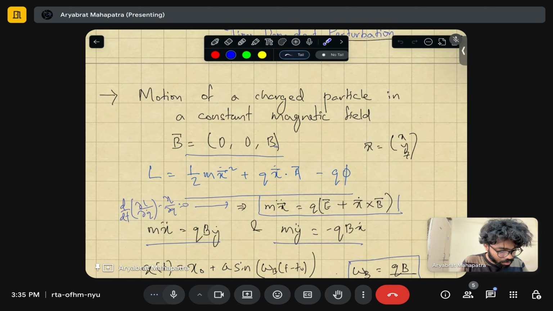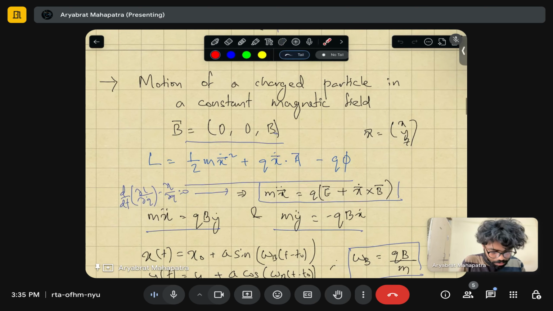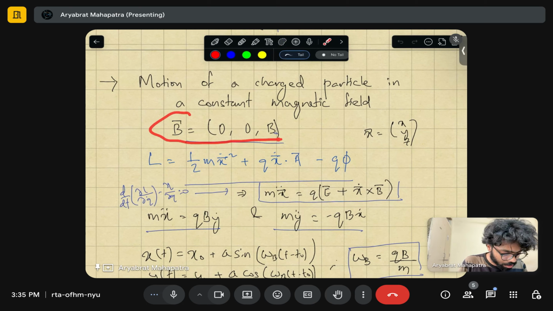So we were considering a constant magnetic field along the z direction. For a general electromagnetic system classically, if someone asks you to write a Lagrangian, it would be this.